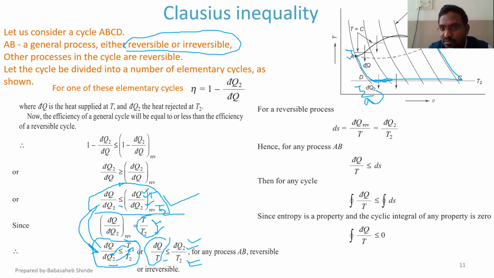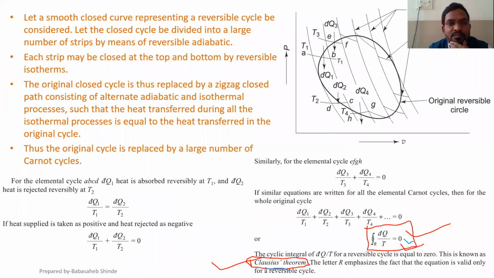So dq2 is the reversible heat transfer at temperature T2. So this dq2 by T2 is related to a reversible process, and for a reversible process we know that dq by T is nothing but the change in entropy that we have seen.